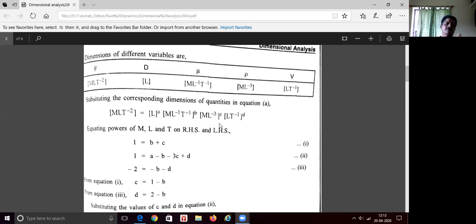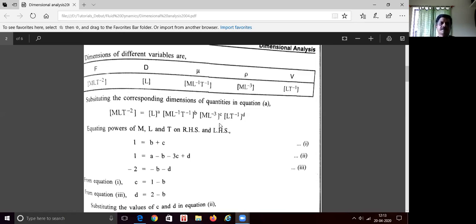Left hand side time quantities are there, and here also time quantities are there. The only thing is, by equating the powers of these quantities, we have to find the values of a, b, c, and d.